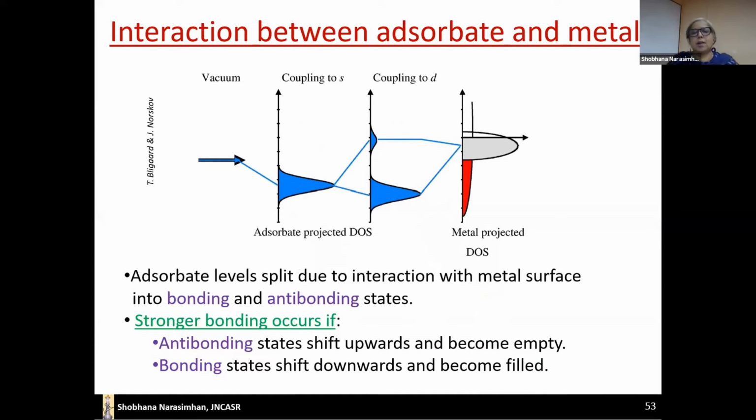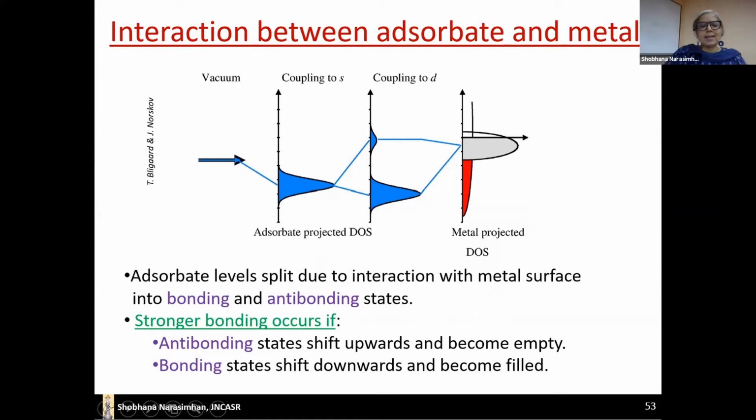The other design principle I'm going to tell you about is what's called the D-band center. If you look at the interaction between the adsorbate and the metal, when the adsorbate comes, it has some energy level, and it couples to the transition metal catalyst.